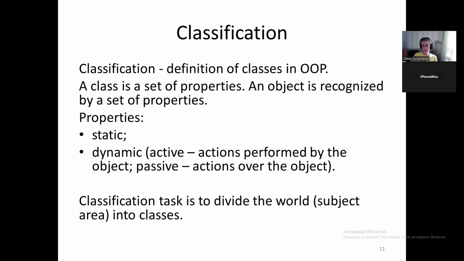If I have an active dynamic property, these properties are actions performed by the object. For example, I can eat, I can talk, I can see. Those are active properties.